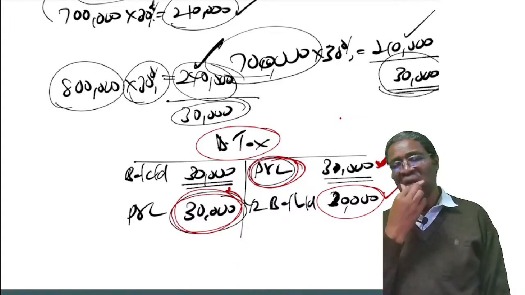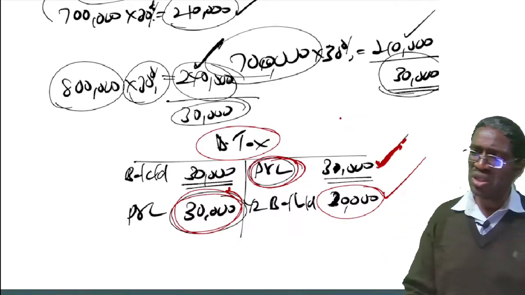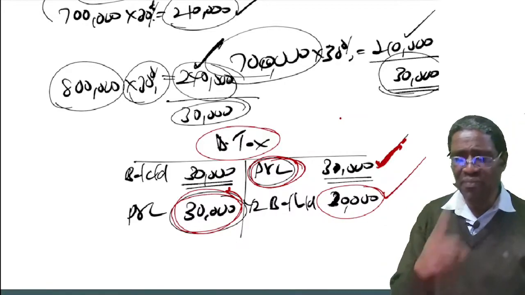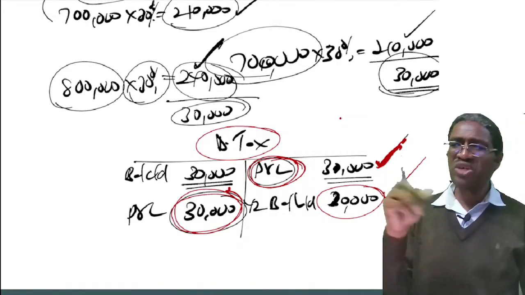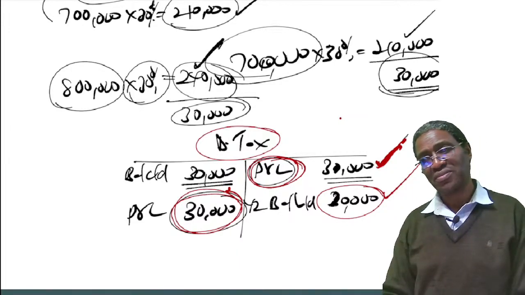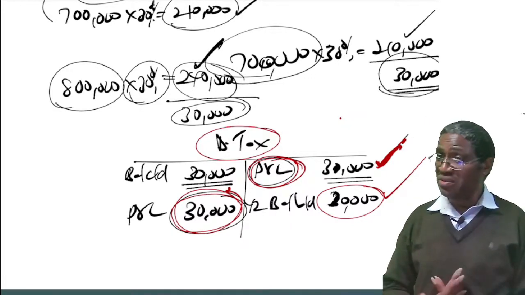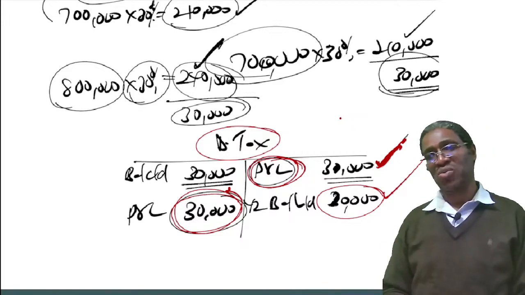Listen, in another sitting, the examiner could tell you 30,000 shillings to be transferred from the deferred tax. Yeah? Now listen. Deferred tax, I've said, is a liability. If I'm transferring from the deferred tax, what does it mean?